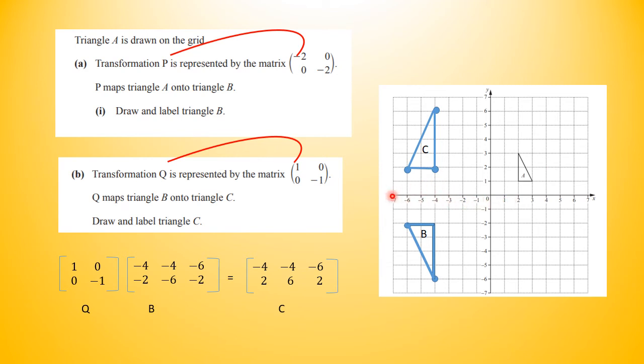When you reflect triangle B onto triangle C, you know the reflection is the mirror image. Triangle B is reflected to triangle C along the x-axis. That is the single transformation of Q. But in this question part, we have used Q as a matrix, 1, 0, 0, -1, to map triangle B onto triangle C.